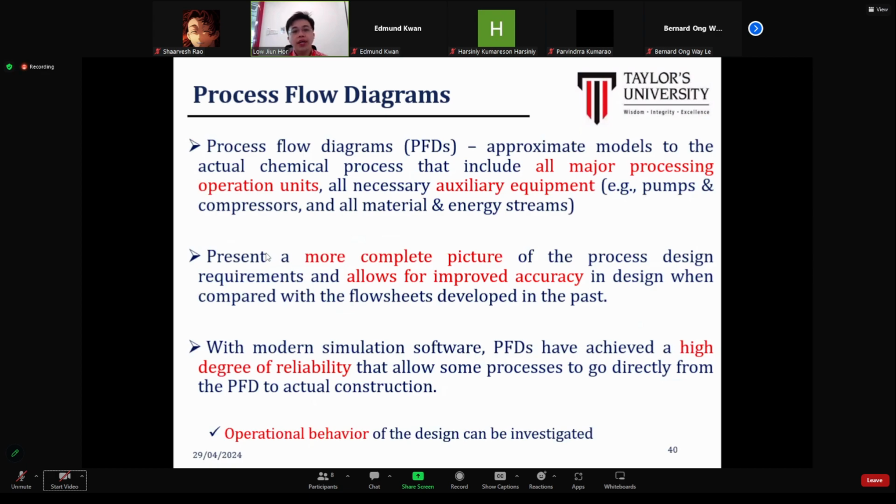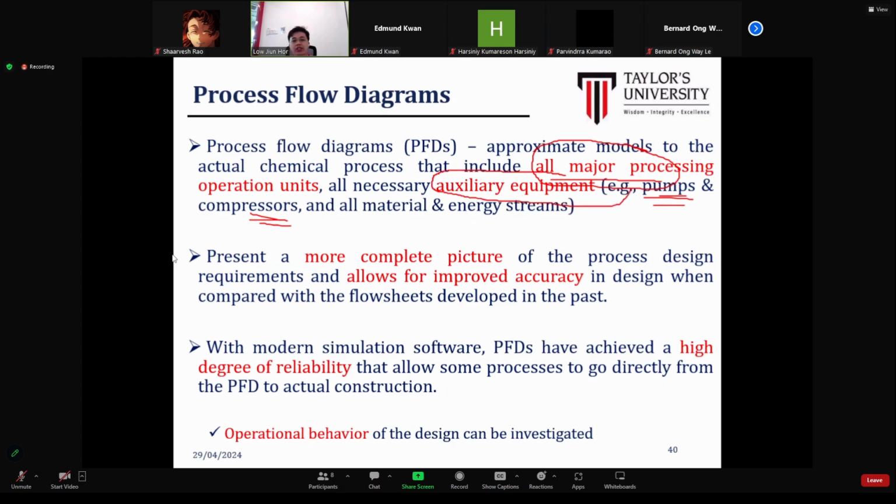Inside the process flow diagram, this should be no problem, you learned it before. You include all the unit operations required in the process flow diagram, and also the pumps or compressors required. You include them and connect them together to produce your final product. The pumps and compressors are known as auxiliary equipment.